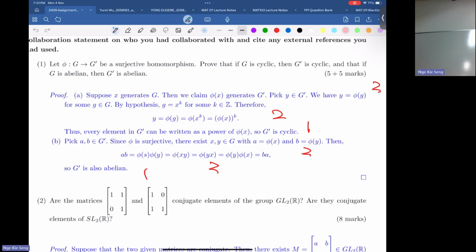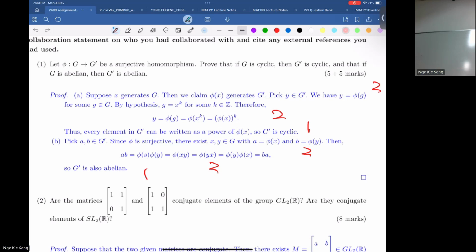What do I need to do? I need to show that every element can be written as a power of phi(x) only. So is this proving for all or there exists? For all. So for all, what do you need to do? I need to check every element. So I just pick any element from G prime. Anyone.